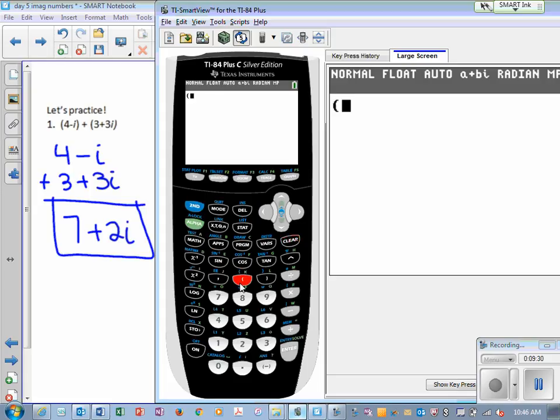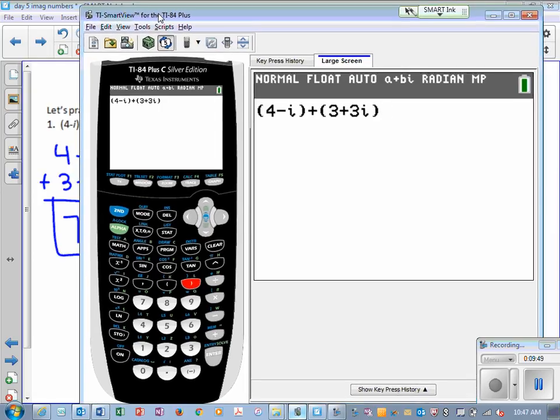So I'm going to do parentheses 4 minus i close plus 3 plus 3i. If they give you parentheses and everything, you better put the parentheses in, okay? Hit enter. What'd you get? 7 plus 2i. Oh my goodness. The next one, old calculator. Let's try it.